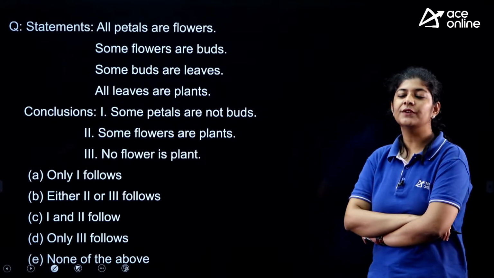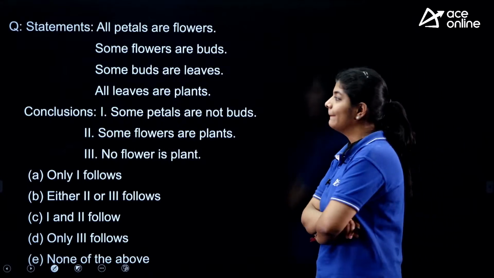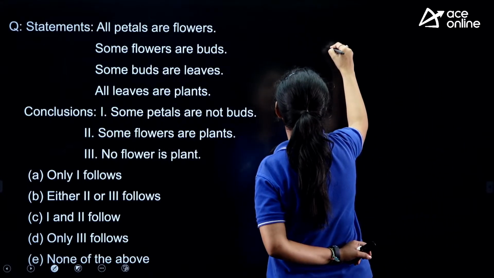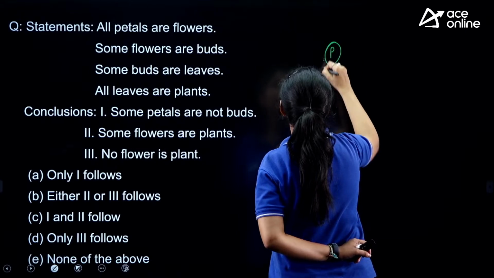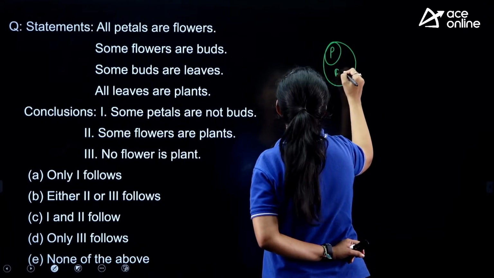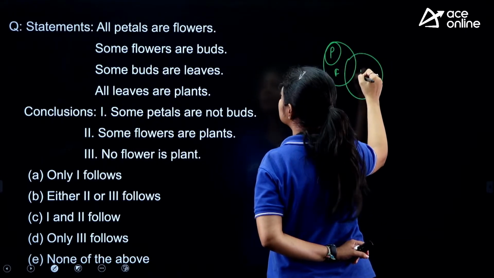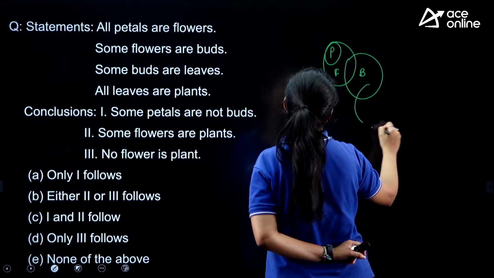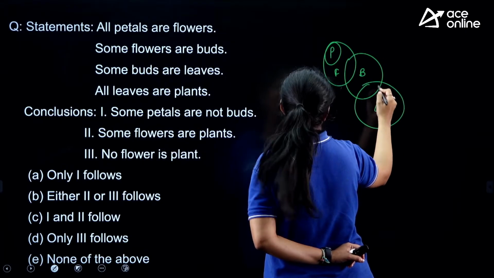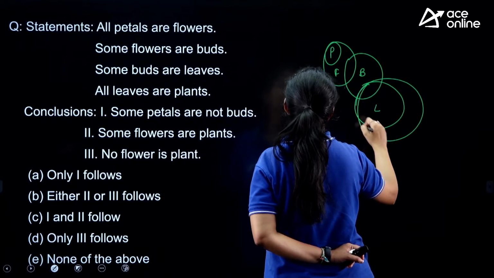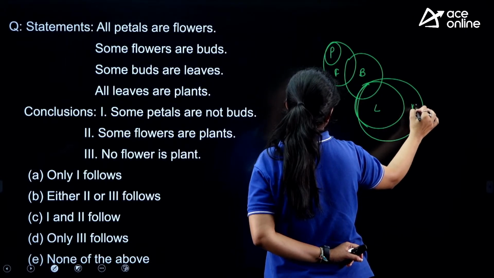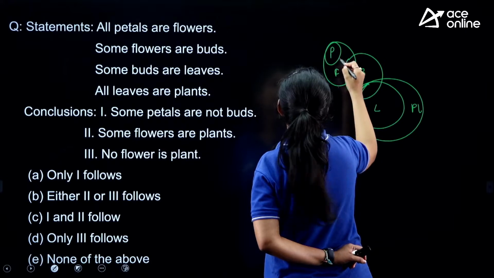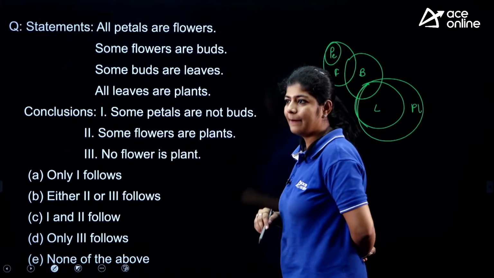First, we have to draw the basic diagram: all petals are flowers, some flowers are birds, some birds are leaves, and all leaves are plants, right?